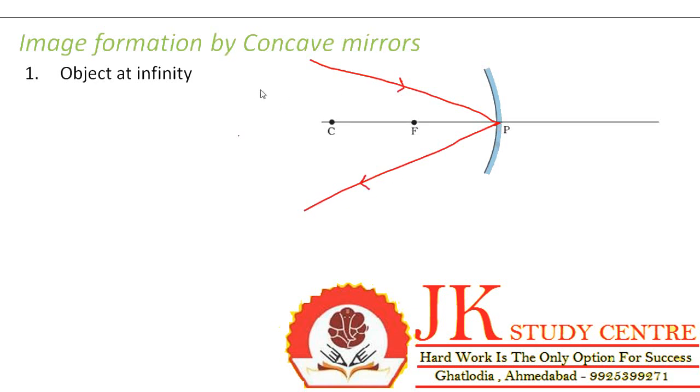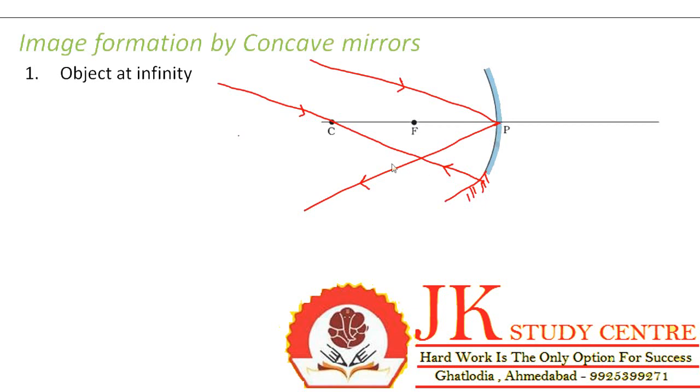Now let us suppose there is another ray coming from the object such that it passes through the center of curvature. This ray will meet the mirror somewhere here. Let us suppose this is my mirror. After reflection, it will go back along the same path. Now, what do we know? Where is an image formed? It is formed at a point where the reflected rays meet.